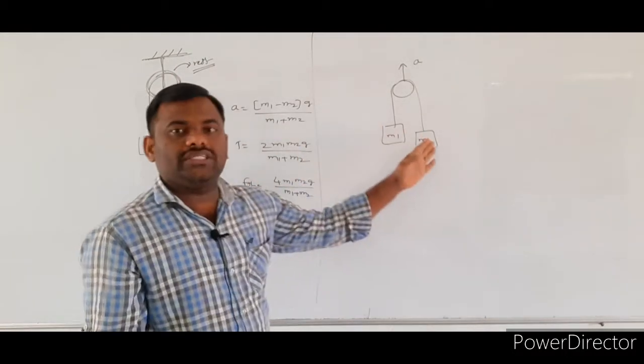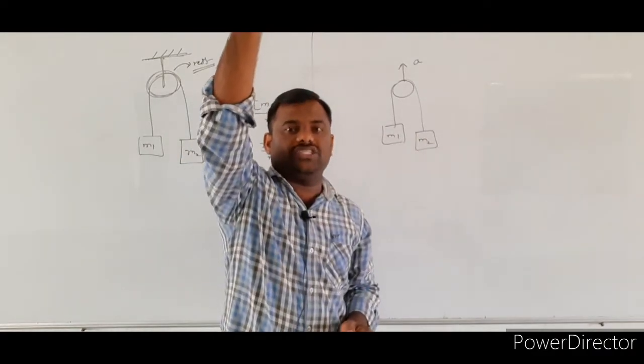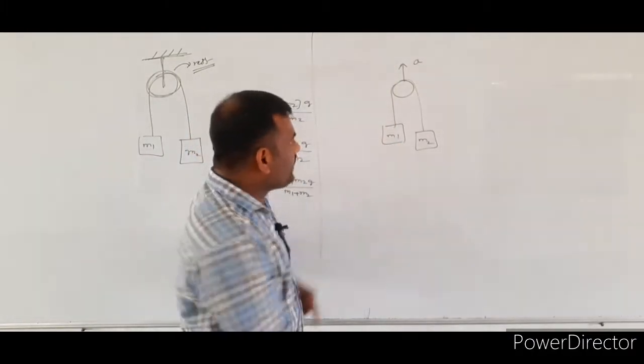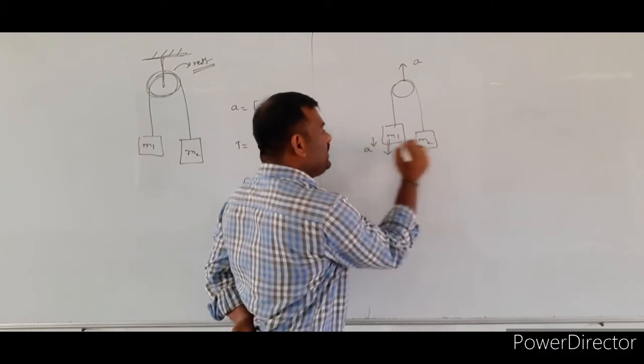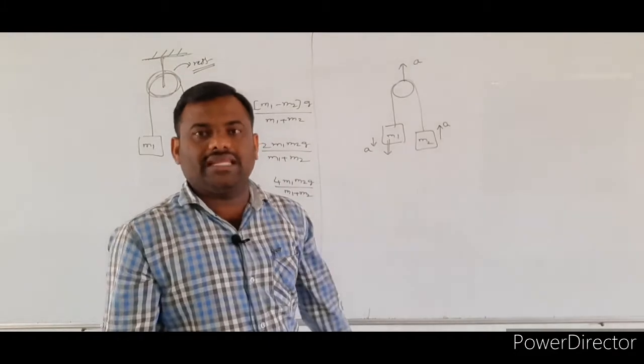In the next application, the pulley system will be moving in the upward direction, and along with the motion of the pulley, one of the blocks of mass m1 will be moving in the downward direction and the other mass m2 will be moving in the upward direction with the same acceleration.